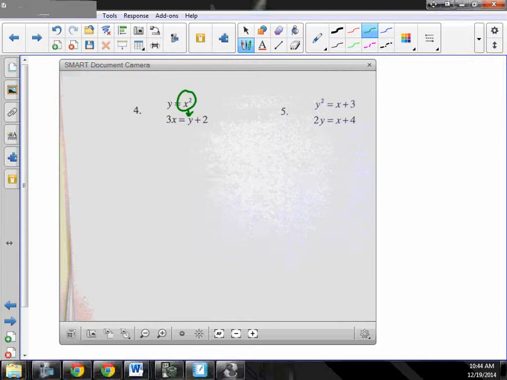Okay? Number 5, which variable do you want to solve for? Well, if I divide this by 2, do I really want to plug a fraction in? It'll work, but if you can avoid it, don't do it. So I wouldn't choose that one. I would solve for x, and the top or bottom doesn't really matter. It turns out to be just about the same. So on the top one, you could have x equals y squared minus 3.